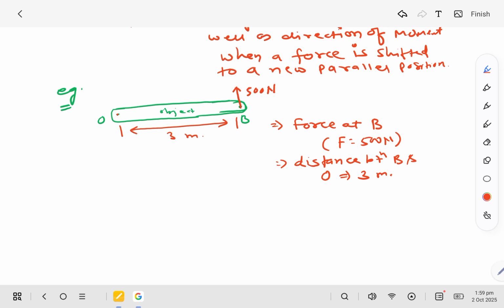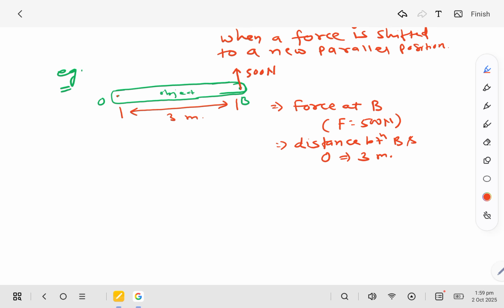Now if you want to shift this force of 500 Newton from B to point O, both are parallel points, or we can say the lines passing through both points will be parallel lines.